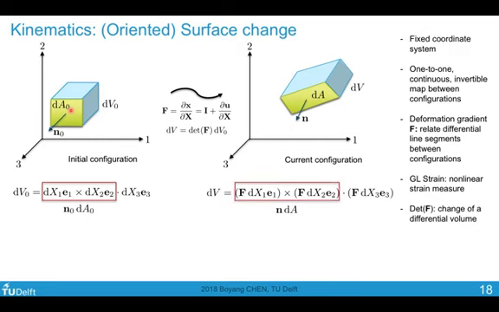Now we make use of this relationship. We multiply dV0 by determinant of F and obtain this expression. And we know that this must equal dv, because determinant of F times dV0 equals dv. So we set the two equal, and we substitute n dA in this expression, and we obtain this expression. So these two must be equal.